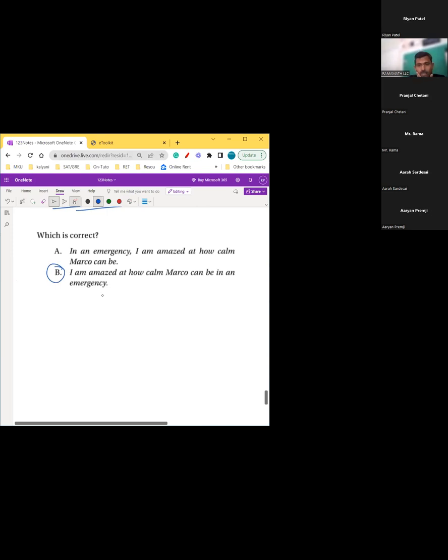If you have a modifier or modifying phrase, it should always be placed as close as possible to the word modified without disrupting the sentence. It's called the law of proximity.